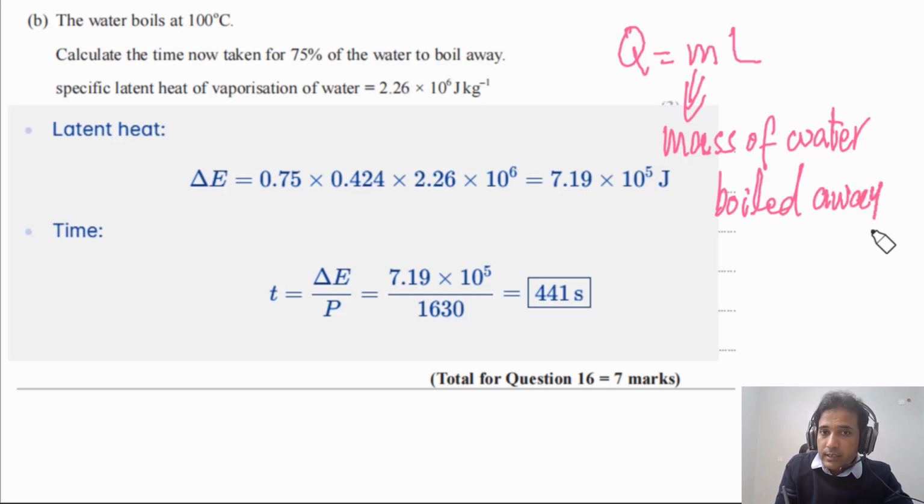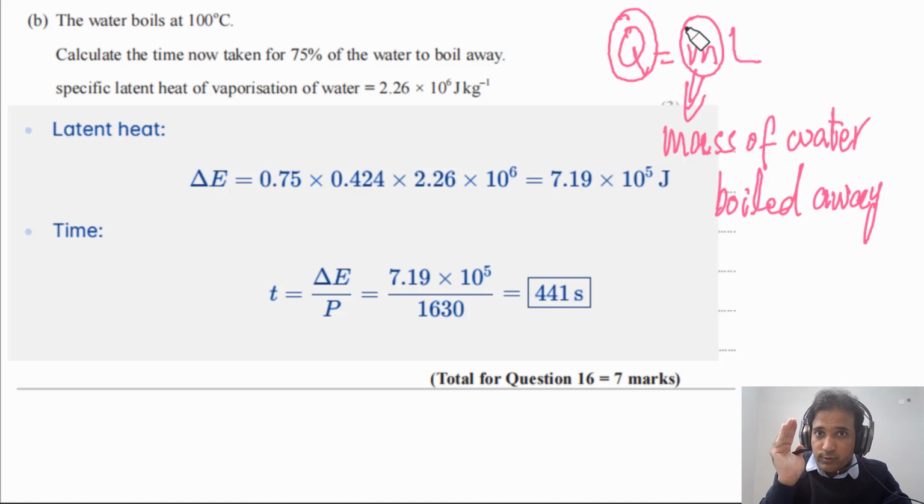This is not explained in this way in the class. So M here is not only the mass of water. It's the mass of water boiled away. It means this amount of thermal energy caused this much mass of water to boil away. So that mass you have to use, not the mass of water.